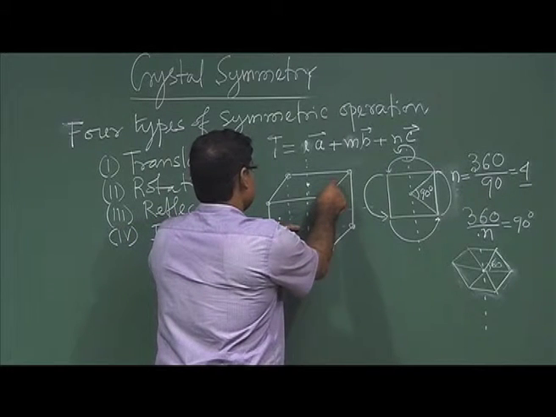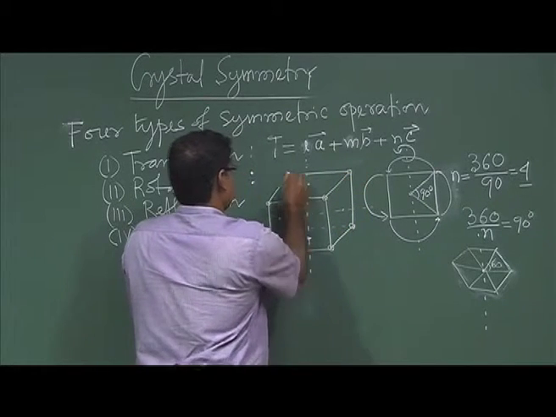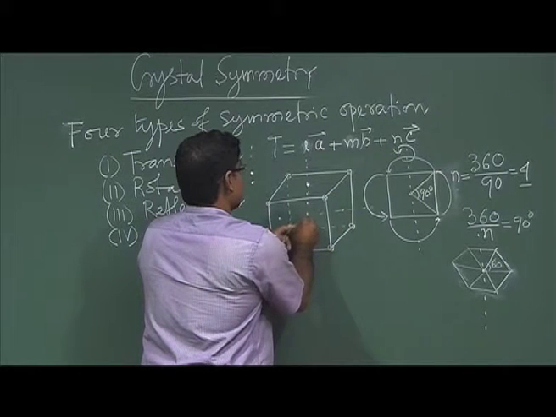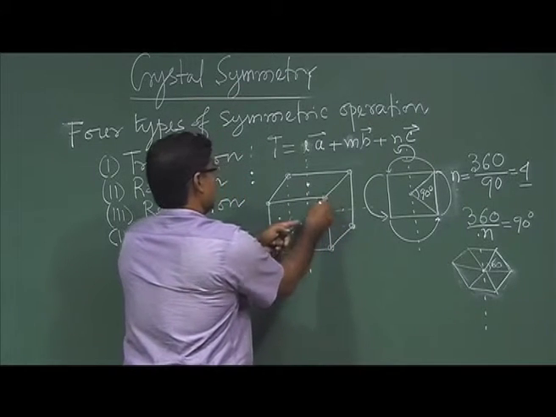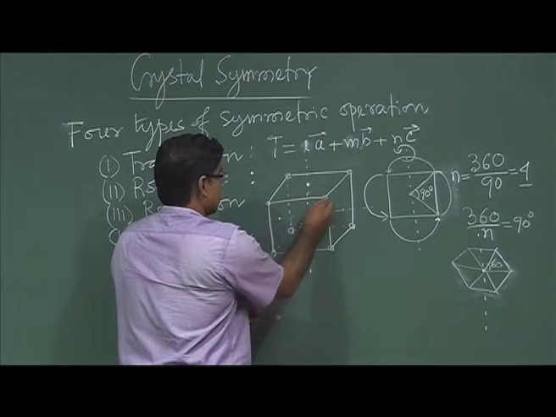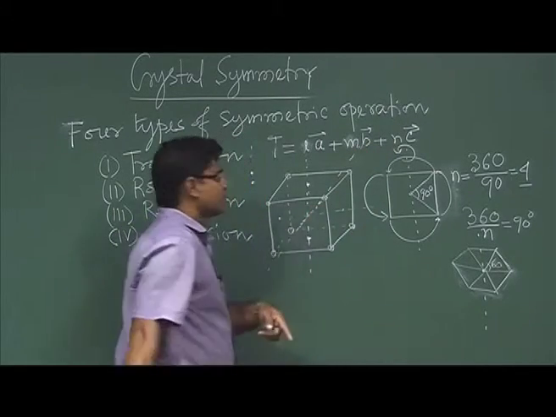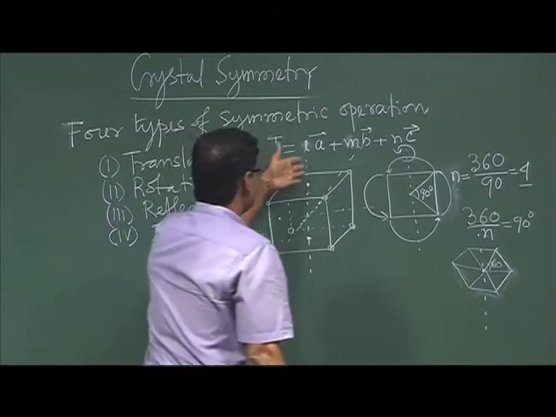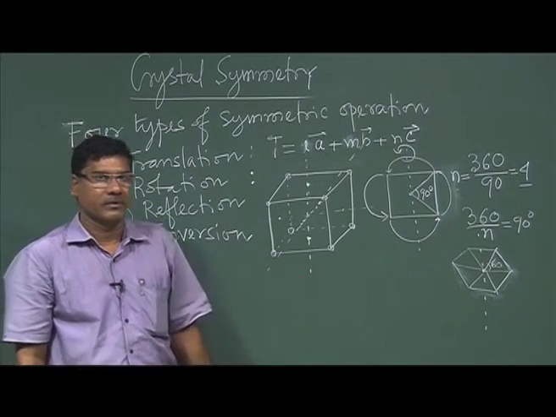Through the middle of these two faces, if you draw the axis, you will get a similar rotational axis having fourfold symmetry.